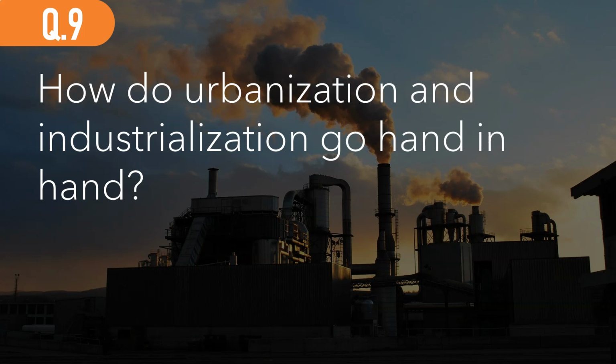So when an industry is set up, it sets off a chain reaction to allow cities to grow and develop. Hyderabad was not considered as an urban city until very recently when the IT industry was set up. So the second this industry was established in Hyderabad, urbanization followed. So that's how industrialization and urbanization go hand in hand.